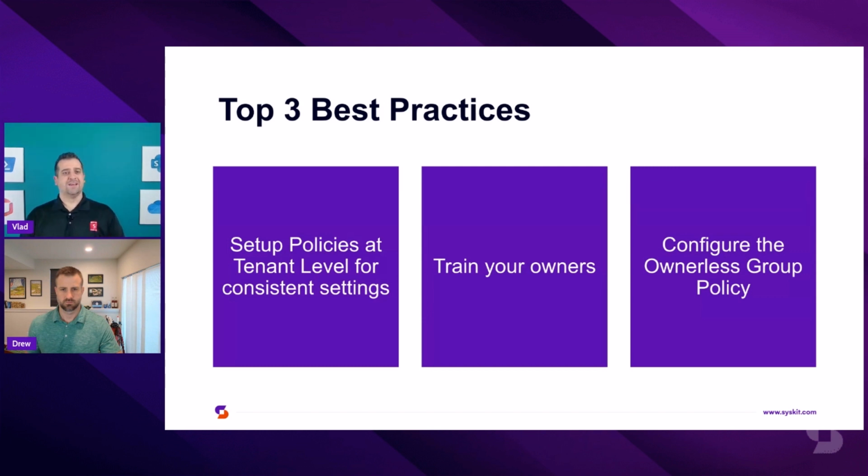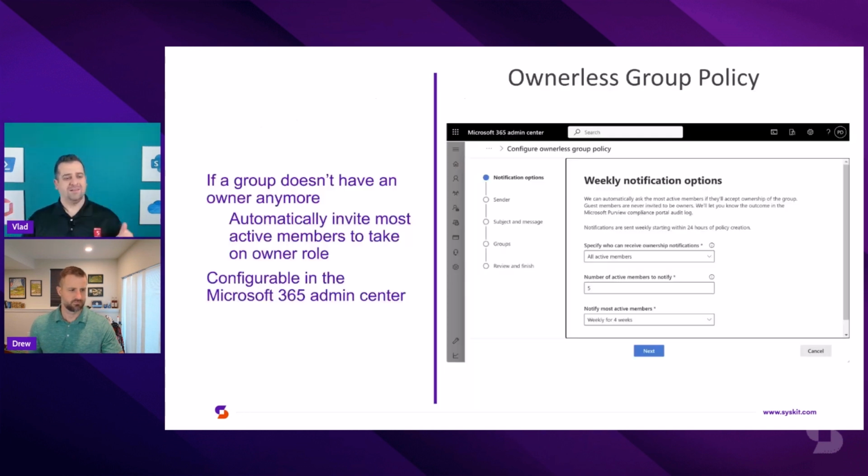And finally, configure the ownerless group policy. Now, we've already covered this in episode 1, and Drew did a demo, but just in case this is the first episode of the series that you listen to, you've now seen why having an owner is so important, from the settings to managing the channels to keeping the tags up to date.